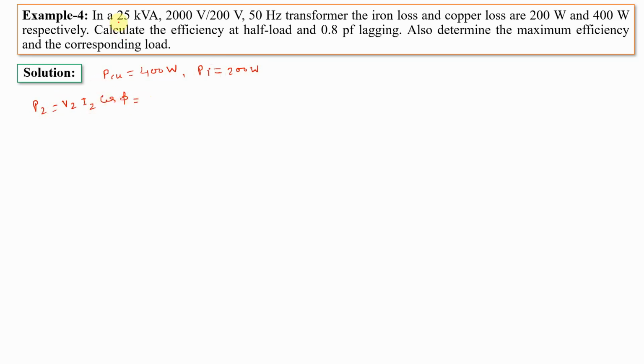Here V2 I2 means the rating of the transformer, that is 25, and cos phi means the power factor. You have to find the efficiency at half load and 0.8 power factor lagging. So the power factor is 0.8. Therefore, the rated full load output power will be 20 kilowatt.